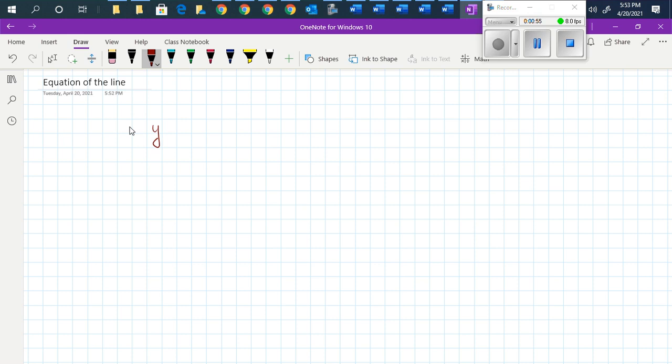The form that we will work on is the slope y-intercept form, and that form is written as y = mx + b, where y is whatever is on the vertical axis, that in science is known as the responding variable.